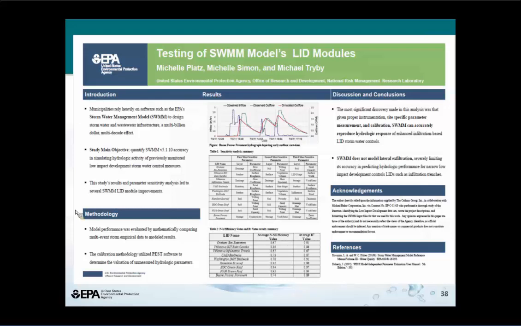In general, SWMM did a pretty good job, between 0.8 and 0.9 for R squared and above 0.5 for Nash-Sutcliffe, with the notable exception of the infiltration trenches. It doesn't do a good job with lateral flow, and that was something that we need to add to SWMM. We probably will figure out a way to handle lateral flow a bit better. But anyway, we have tested the LID modules, and we have found them to be fairly reliable. We did the individual LID hydraulic calibrations.